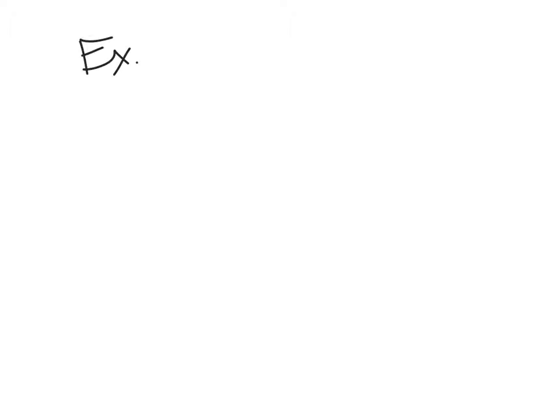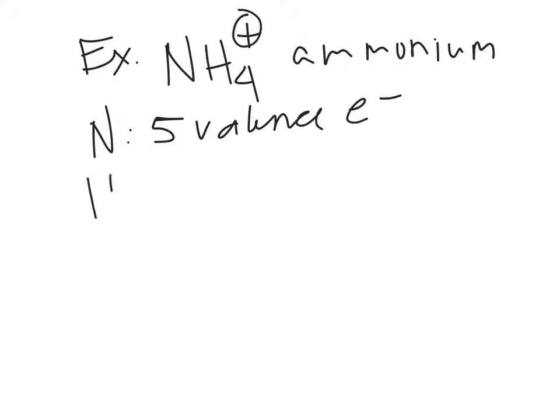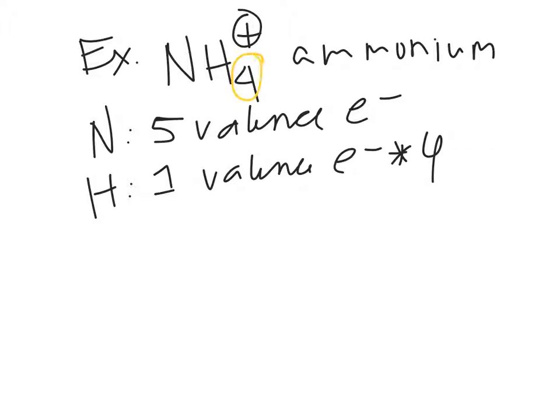So one common polyatomic cation is ammonium. So nitrogen, from the periodic table, we know has 5 valence electrons, and hydrogen has 1 valence electron, and there are 4 hydrogens total in the ammonium cation.